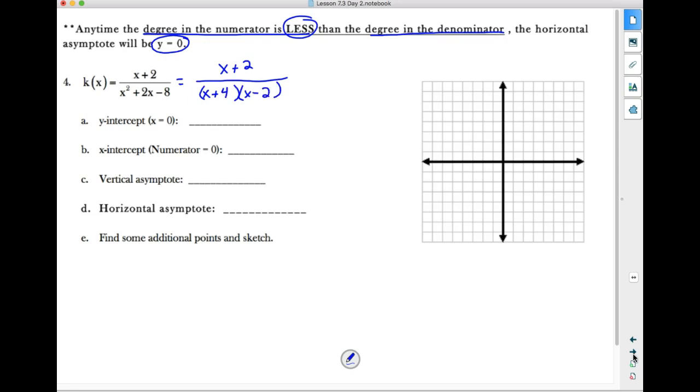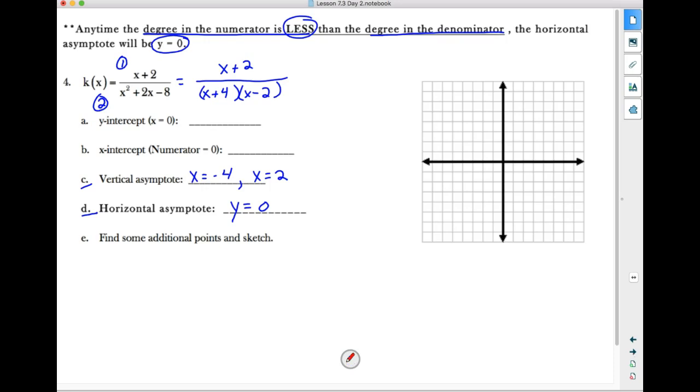I see nothing will reduce between numerator and denominator. First thing I like to do is my vertical asymptotes. I can see I have one at x equals negative 4, and I can see I have one at x equals 2. My horizontal asymptote is going to be y equals 0, because the degree of the numerator is 1, the degree of the denominator is 2. Numerator is less than the denominator, therefore it's always at y equals 0.